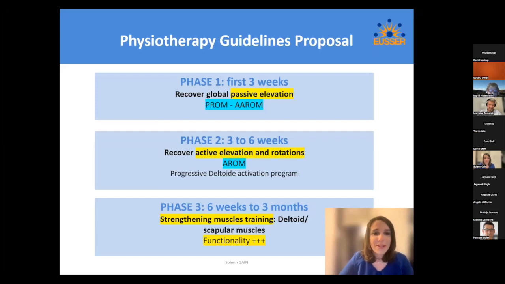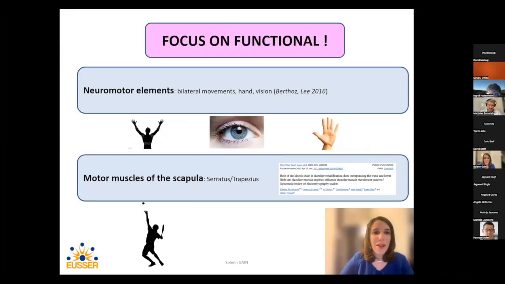The third phase is a strengthening phase from 6 weeks to 3 months. And we can begin a strengthening muscles training for deltoid and scapular muscles. Remember, we have to focus on functional.